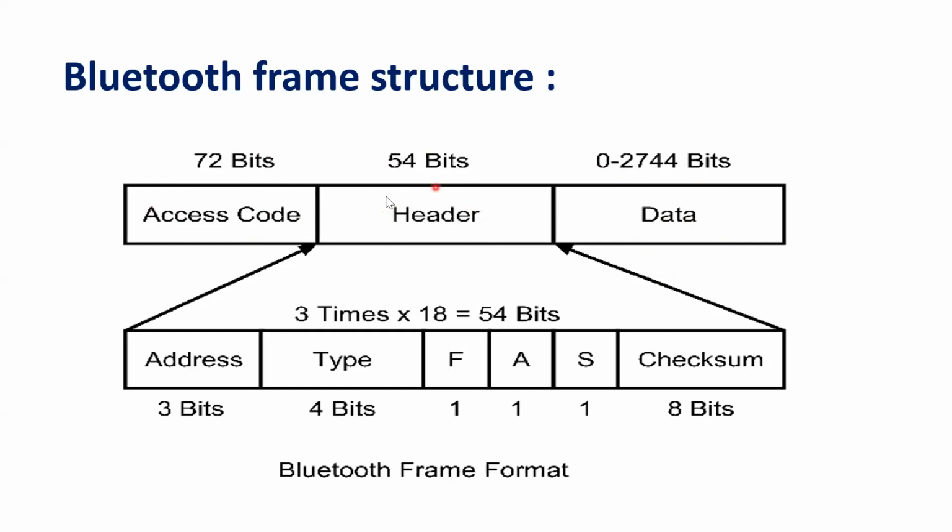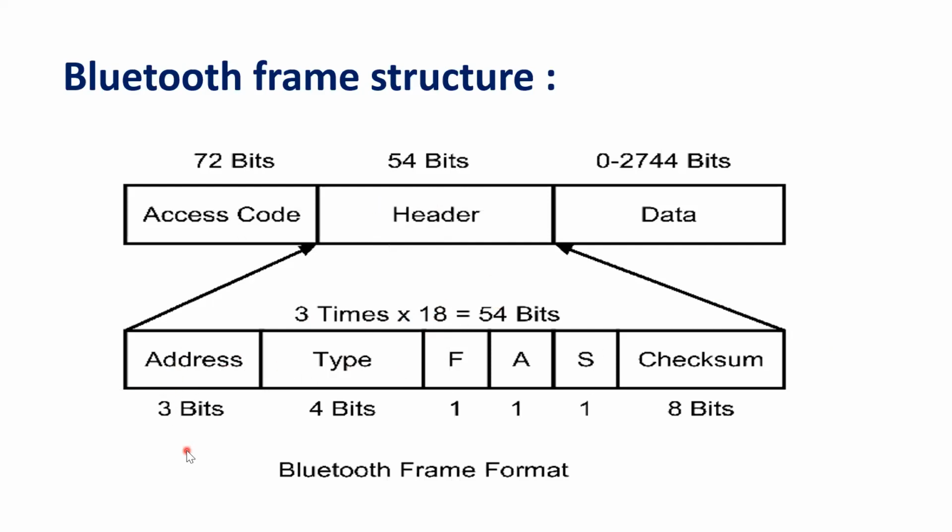Now this header portion is amplified here, and here you can see these 54 bits are divided into three slots. The same slots are repeated. Each slot is of 18 bit width, so three such slots are present in the header.